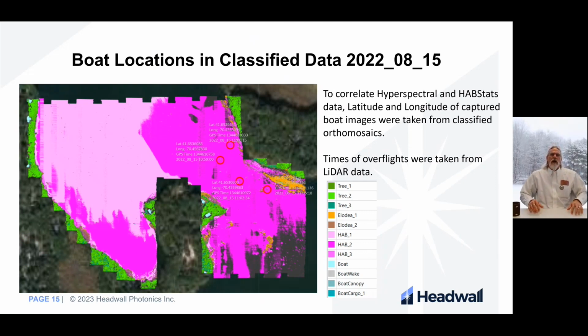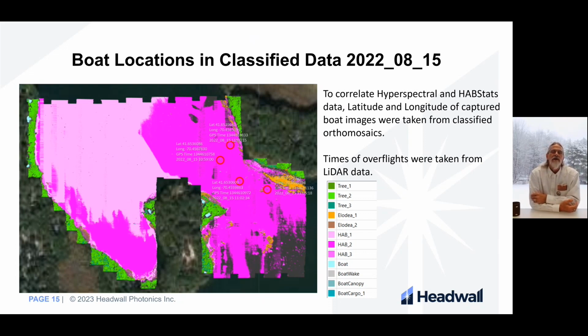So I'm jumping a little bit ahead here, but this is a map where I have mapped three different types of toxic algae based on their reflectance spectra, and I've circled several locations of the boat. So we're flying over the boat, and we can actually find the boat in the imagery.